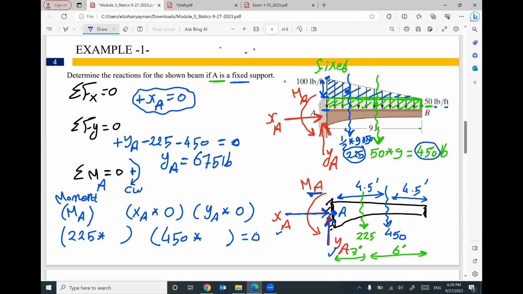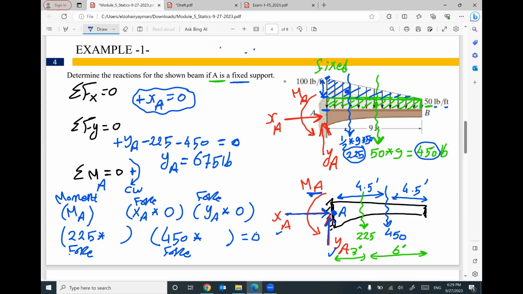The only term that needs distance is a force. XA is a force, needs distance. YA is a force, needs distance. 225 is a force, will need distance. 450 is a force, will need distance to create moment. But MA is a moment. A reaction as a moment does not need distance. If you write 0, it will be wrong.